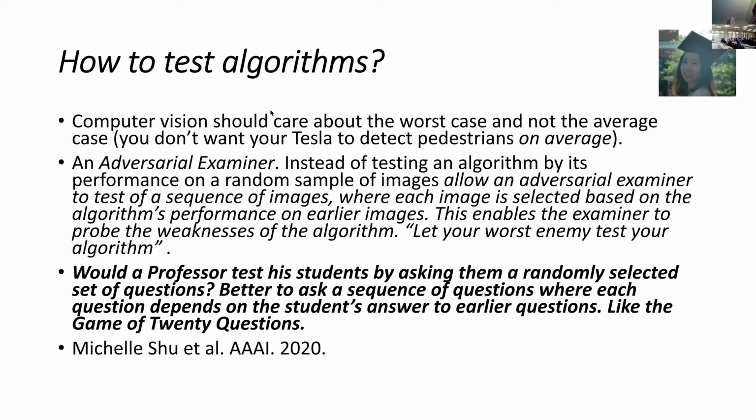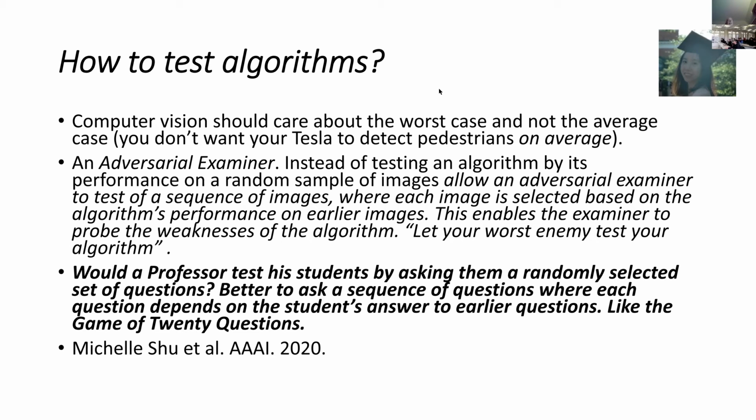So here is an idea. This is a sort of baby step forward done by student Michelle Xu from our group last year. And another point to mention, by the way, is that computer vision should, I would say, care about the worst case and not the average case.